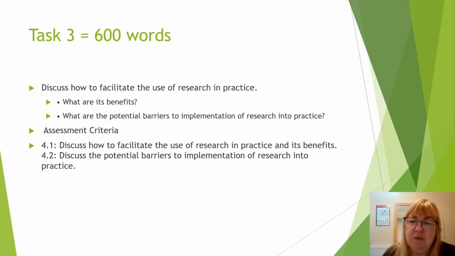Citations, how to facilitate the use of research. If you write, say, about the excellence model, or if you write about the embedded research model, then you just need to create a citation, and you'll be able to find one from Google. It wouldn't be that hard. Okay. So I want to see a citation for barriers and a citation for the use of research.